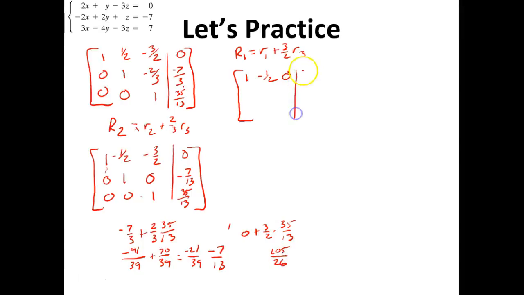So we're going to get 105/26, and row 1 was the only one that's changing. Row 2 staying the same, negative 7/13.